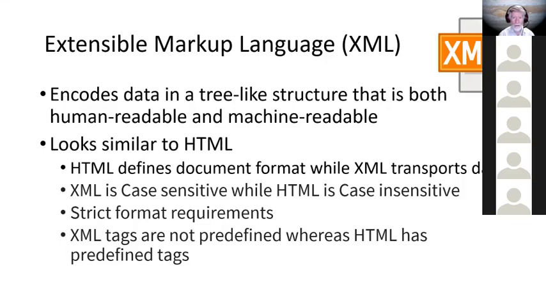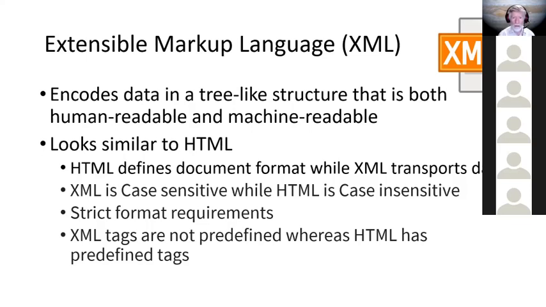It is used to hold data, not to define how it is displayed. XML is a tree-like structure, and it's in text with lots of silly brackets, lots and lots of silly brackets. So it defines a tree of information.